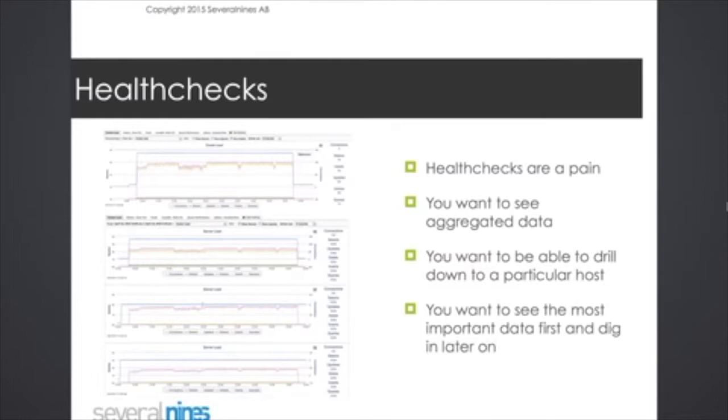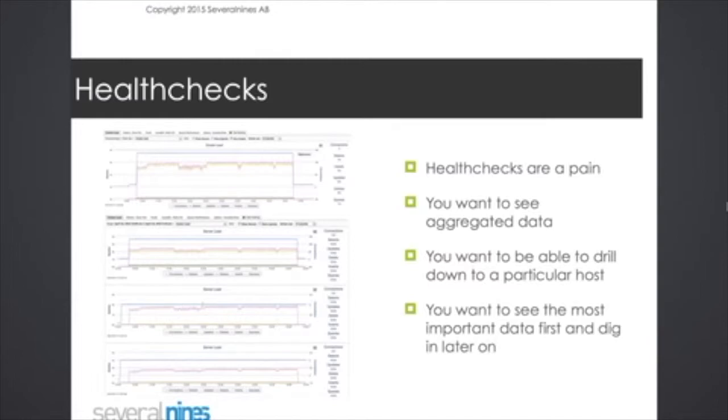And also, you don't want to go over all of the metrics. There are tens of metrics made available by MySQL or Galera. You want to see the most important data.